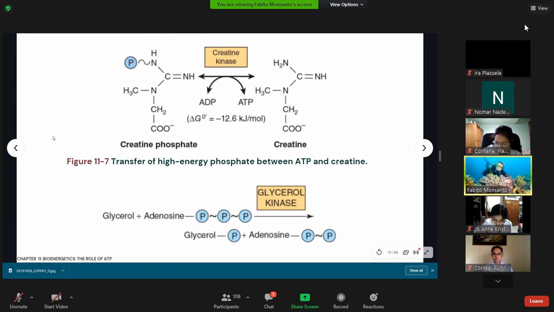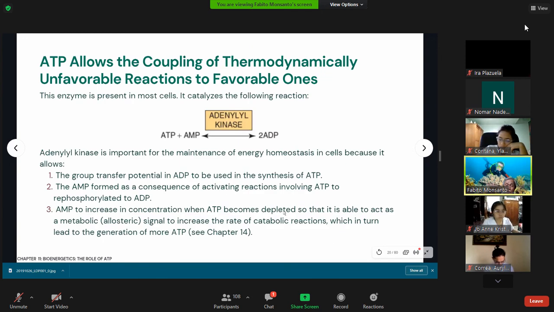All right. Here's another reaction. Glycerol plus ATP, or adenosine triphosphate, catalyzed by glycerol kinase. Whenever you have an enzyme that ends in kinase, that means a phosphorylation reaction.